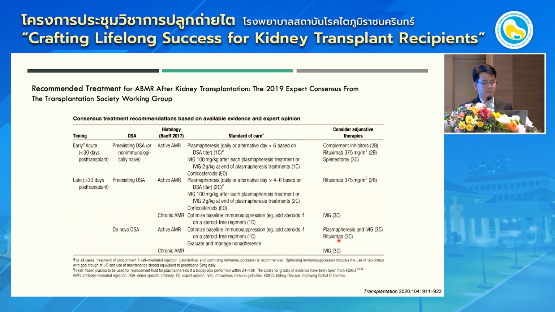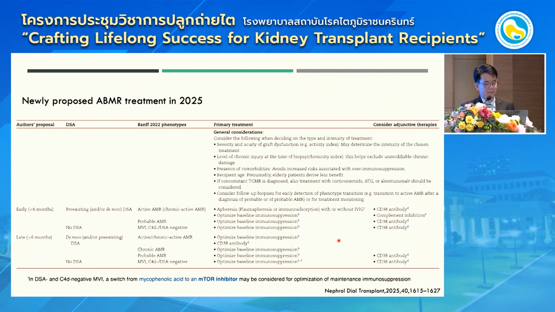So from the 2019 TTS group, and this year another group has proposed an updated treatment for ABMR, using only apheresis or antibody removal for just the acute rejection patient.